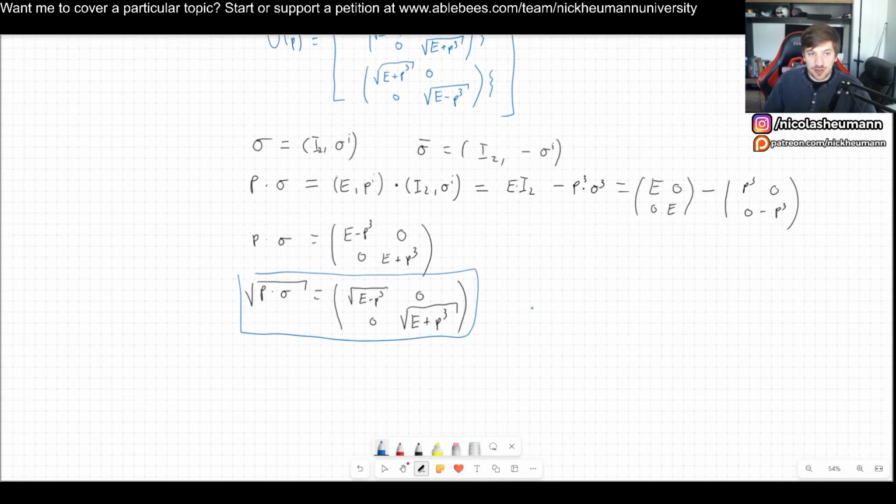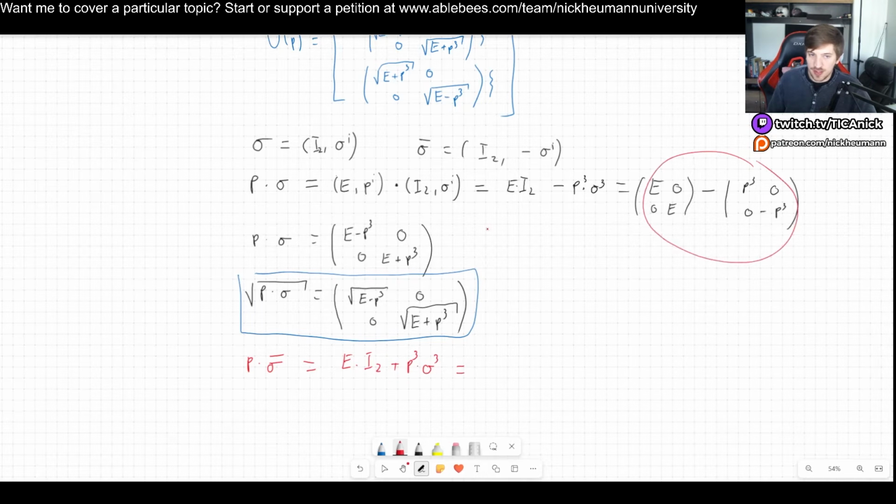So what we are now going to do is the same thing, but now with p dot sigma bar. The only difference is that now there's going to be a minus sign over there. So that means that now we have E times I2 plus P3 times sigma 3. So when we do all this, the only difference is that we get E plus P3, 0, 0, E minus P3.